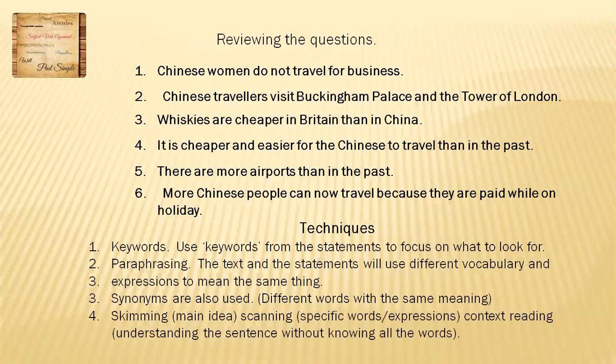Okay, so techniques. Number 1, keywords. Use the keywords from the statements to focus on what to look for. Number 2, paraphrasing. Use different vocabulary. We know that. Number 3, synonyms are also used. Different words with the same meaning.